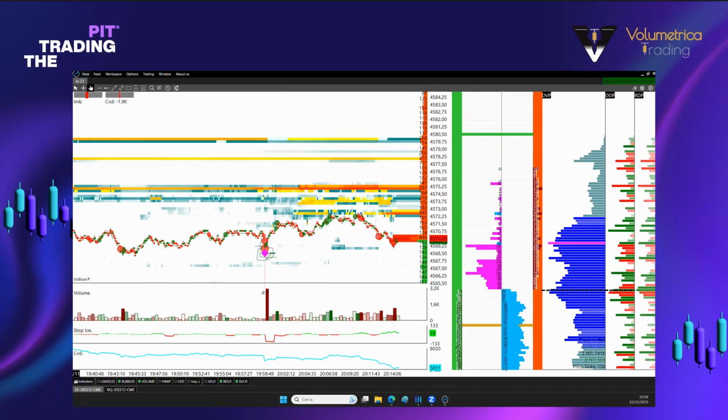The pink diamond shows us that that's a stop run to the downside. So that's a bearish stop run. That means that the aggressive orders were selling orders. And apparently those selling orders appeared exactly where a previous low was broken.